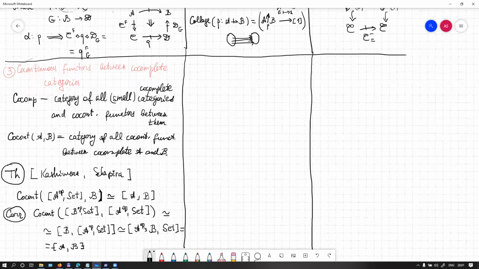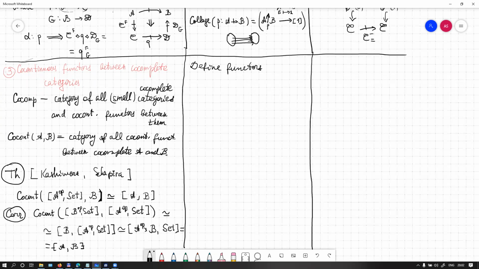Then the next thing I want to say here will be the following. I want to define two functors.